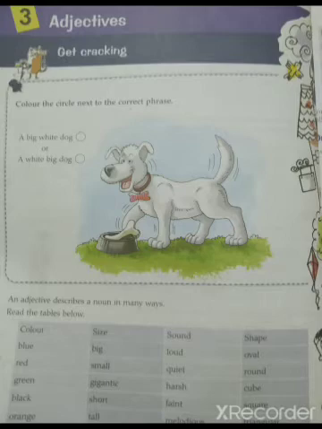For example, if I'm taking Ahmed, Ahmed is a noun. But if I take boy, the boy, the girl, so boy, girl, this is a noun, right? But if I say an intelligent boy, a beautiful girl, see, a boy, a girl, these two were also complete, isn't it?